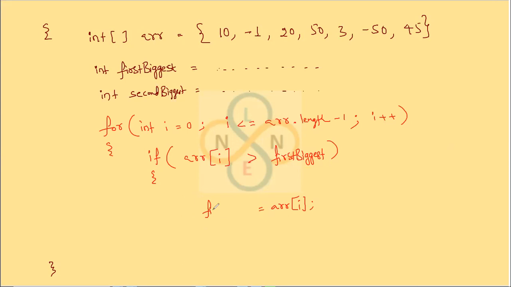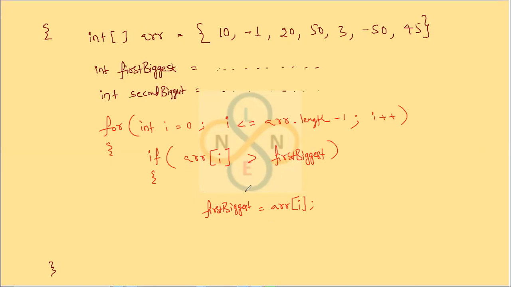In this example, firstBiggest. Then finally, outside the for loop, we print this firstBiggest element. The same thing will be iterated, and finally firstBiggest will hold the biggest element of the array.